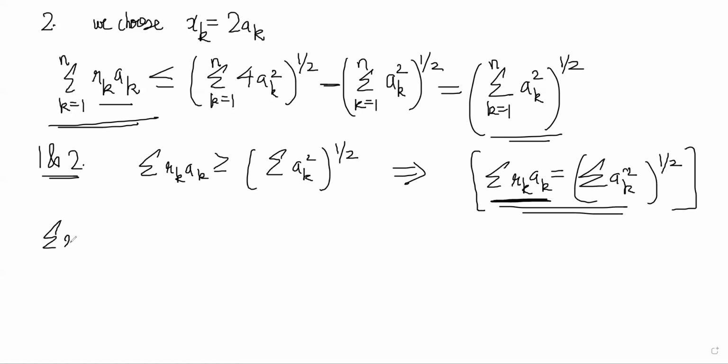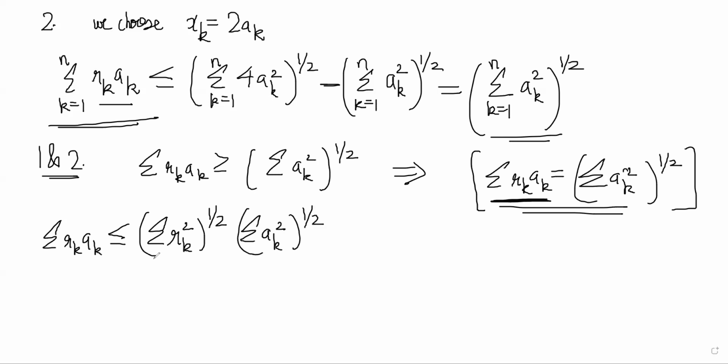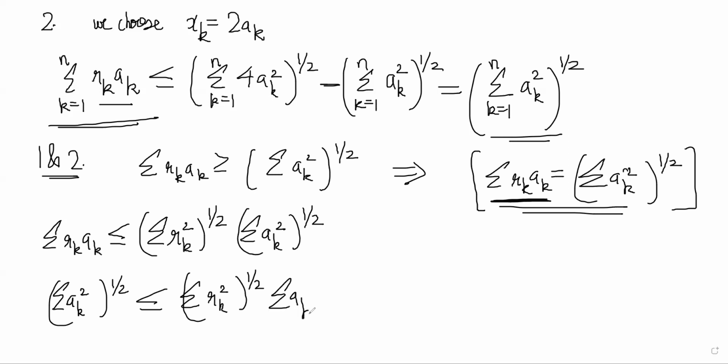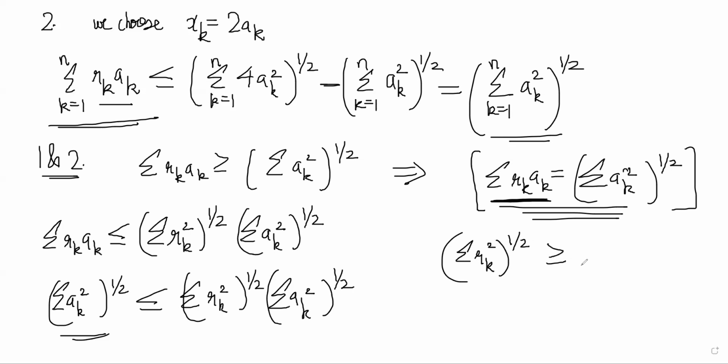We can say summation of rk ak must be less than equal to summation of rk square power half multiplied by summation ak square power half, right? Must be less than equal to. And now, because this is equal to summation ak square power half, we are using this condition here in the LHS. We can see from here that summation rk square power half is greater than equal to 1, right? This is coming from here using everything that we have done before.